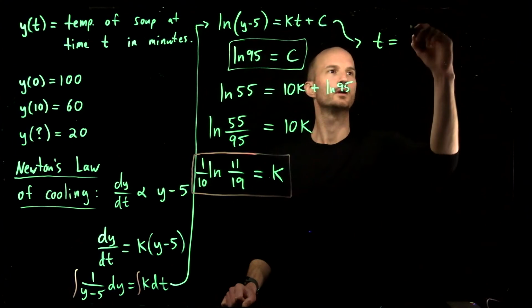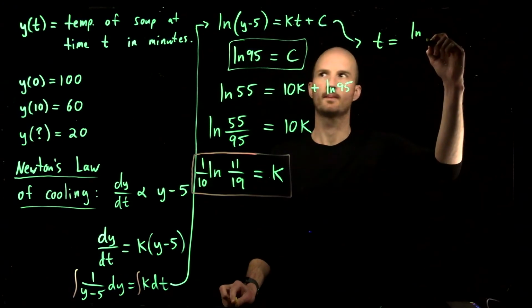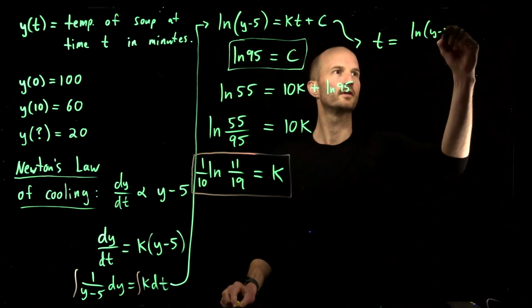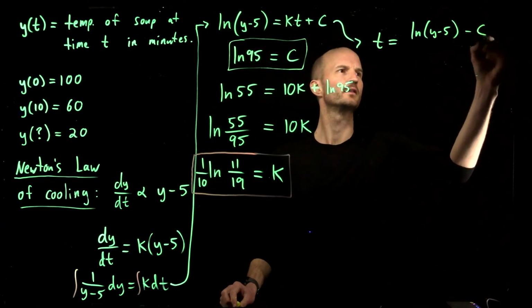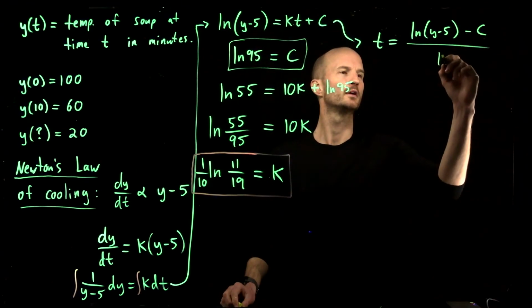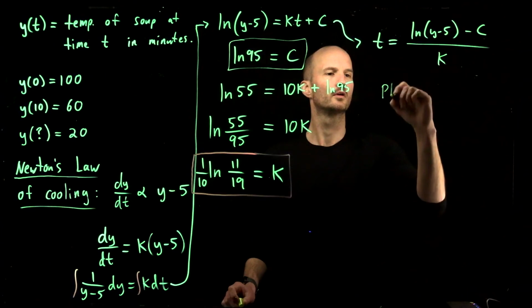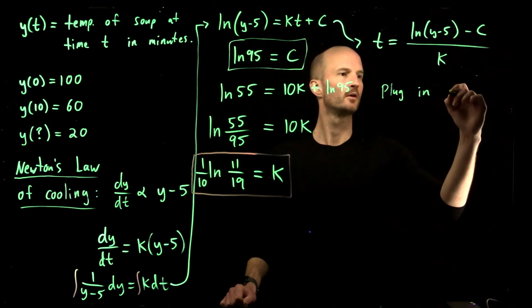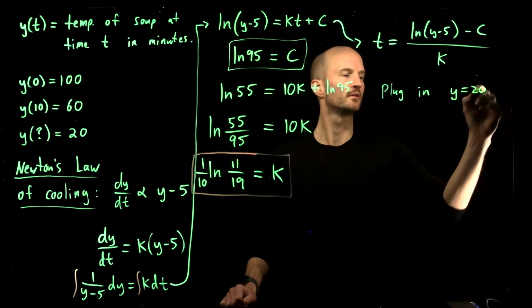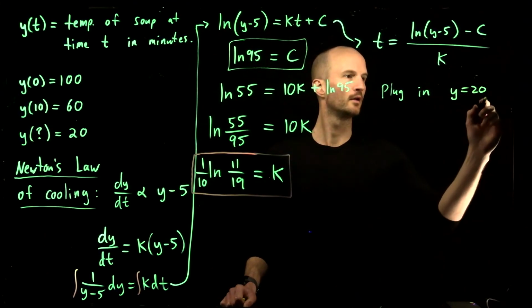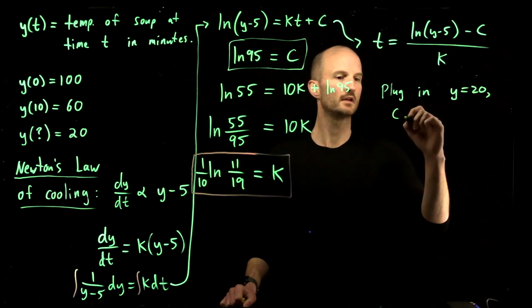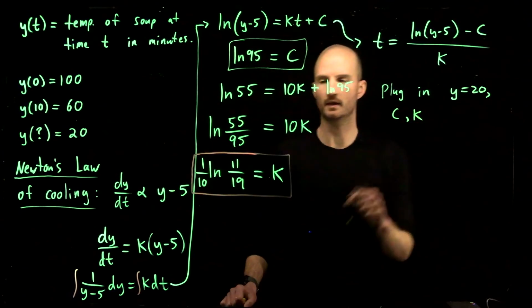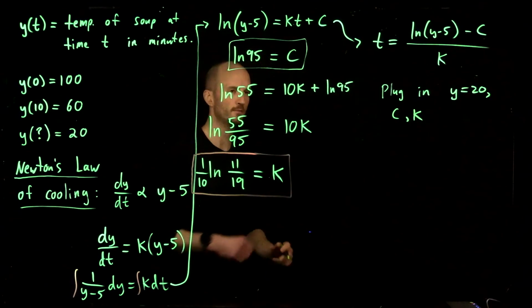What do you get? t is equal to ln of y minus 5, minus c, all over k. Plug in y is equal to 20, and also the c and k values that I found here.